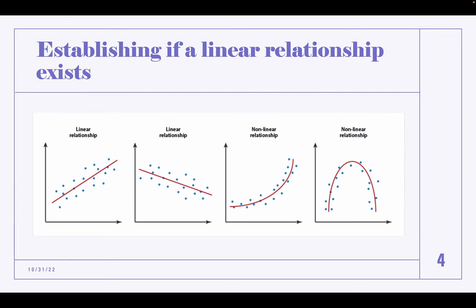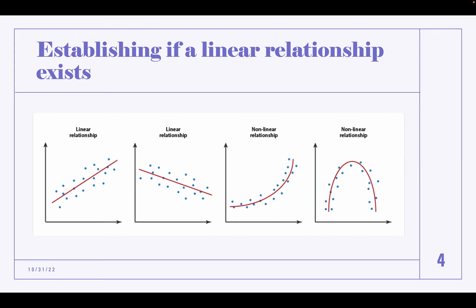All right, so establishing if a linear relationship exists, notice in the two scatter plots on the left, we see that we either have a linear increasing relationship or a linear decreasing relationship. In both of these scatter plots, it's telling us that a Pearson correlation would be appropriate.